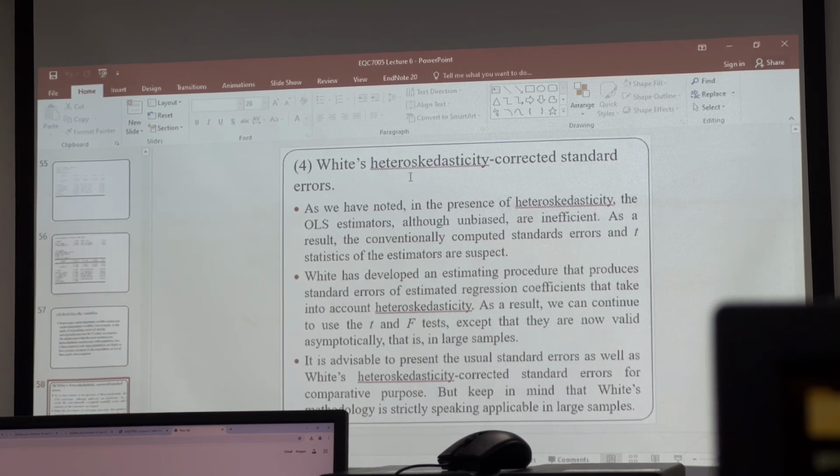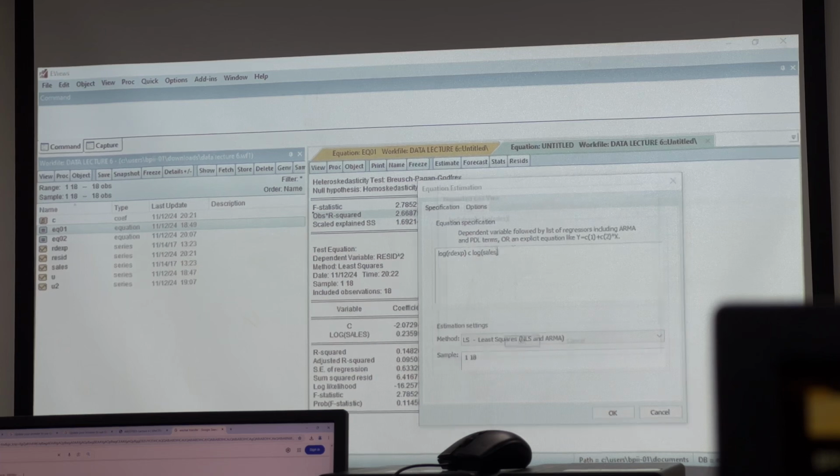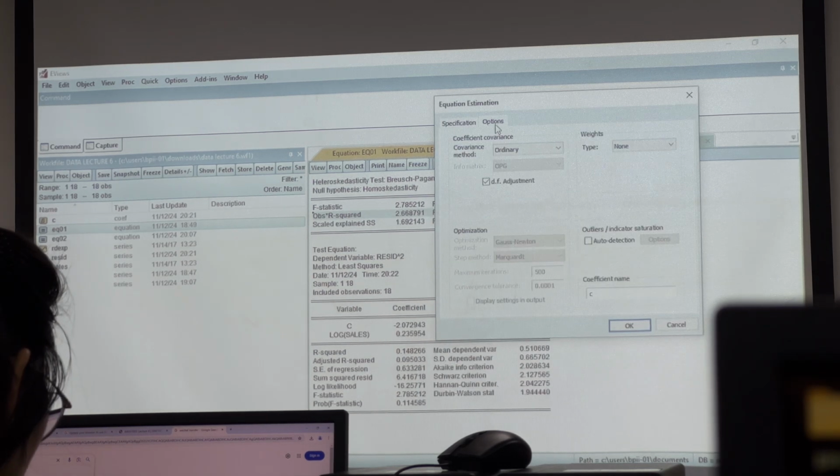So how to use this approach? When you estimate the model, for example, this one, the original model, RD, C, sales, you go to options.